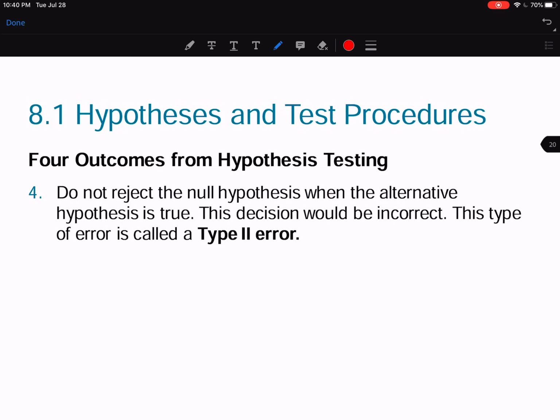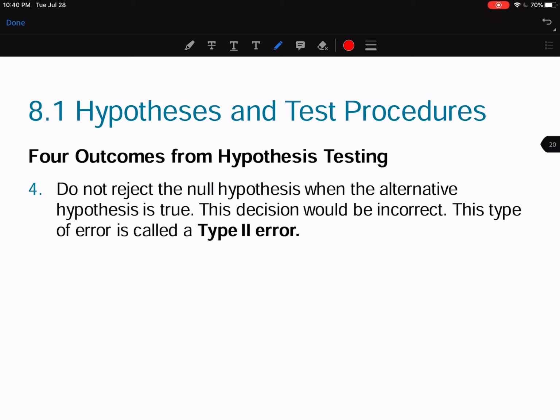All right, let's take the fourth one. Do not reject the null hypothesis when the alternate hypothesis is true. So technically, if we find the evidence to support the alternate hypothesis, we should reject the null hypothesis. But if we do the opposite, if we do not reject the null hypothesis when the alternate hypothesis is true, we're going to make a mistake because the decision would be incorrect.